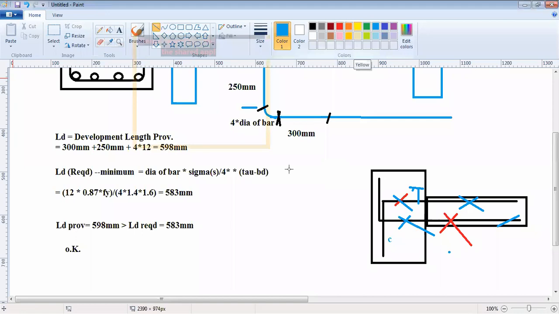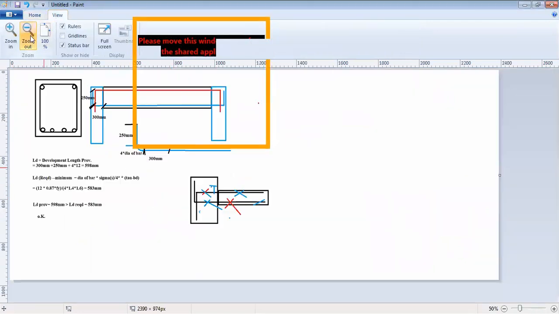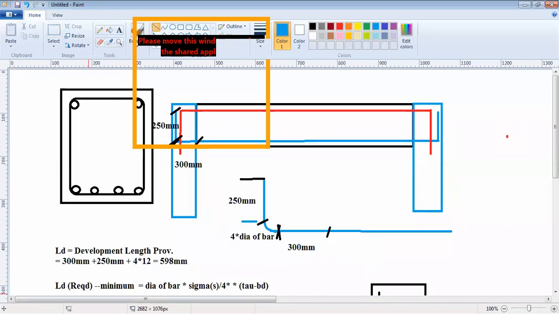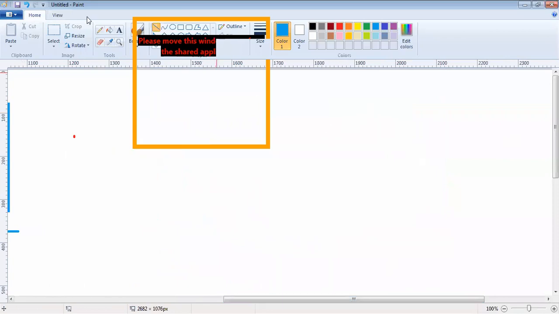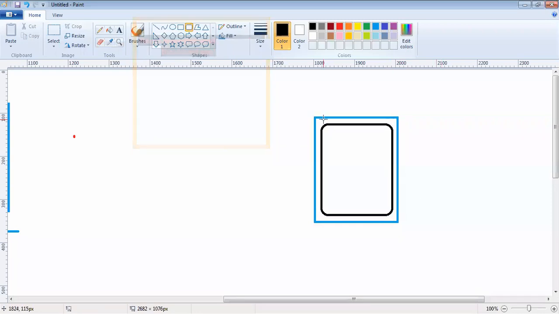Now next in anchorage, which we were discussing the last time, is the stirrup hooks.